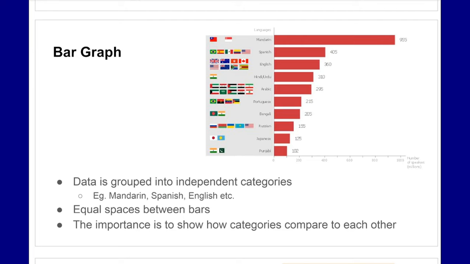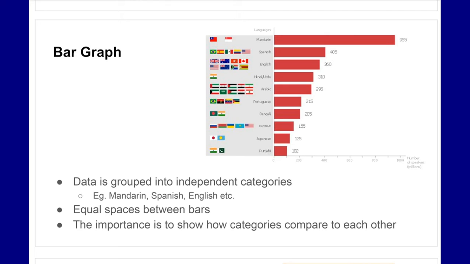There's an equal space between the bars, just to keep everything relative in size. If there's a bigger space, it may give an appearance of being larger or smaller. It may skew the data a little bit. So again, equal spaces between the bars. There are spaces because the categories are separate from each other, and the importance is to show how categories compare to each other.